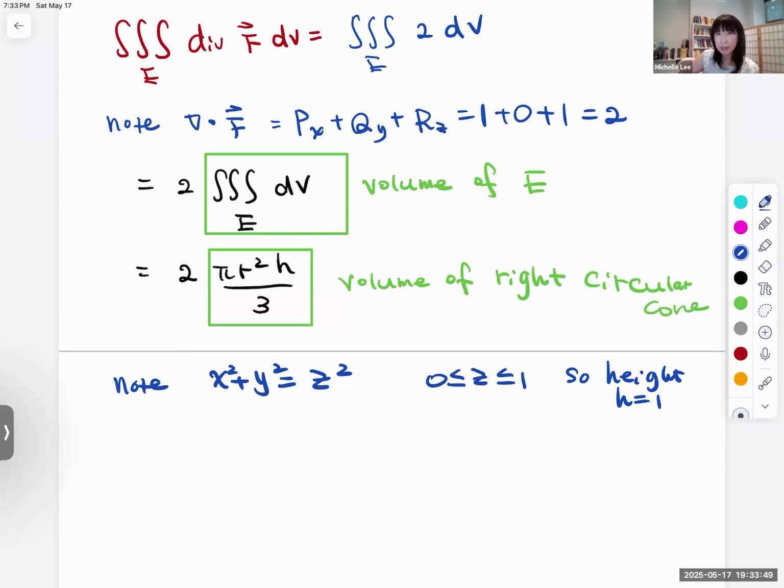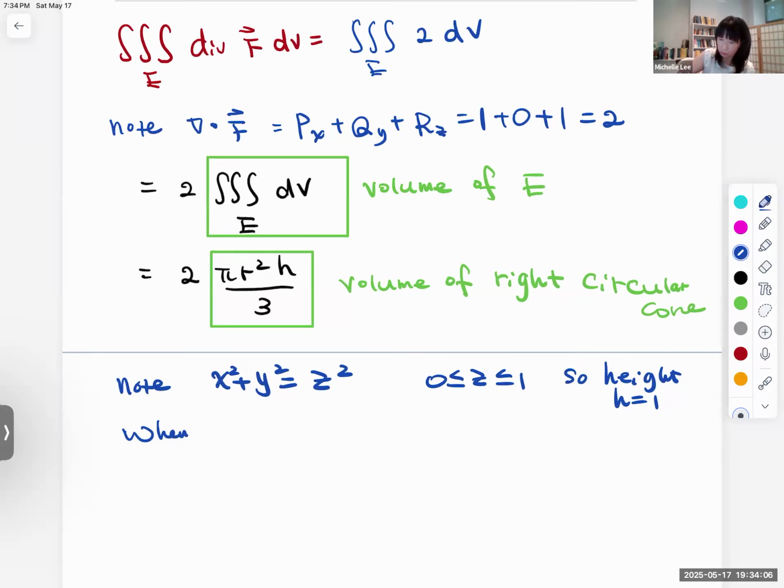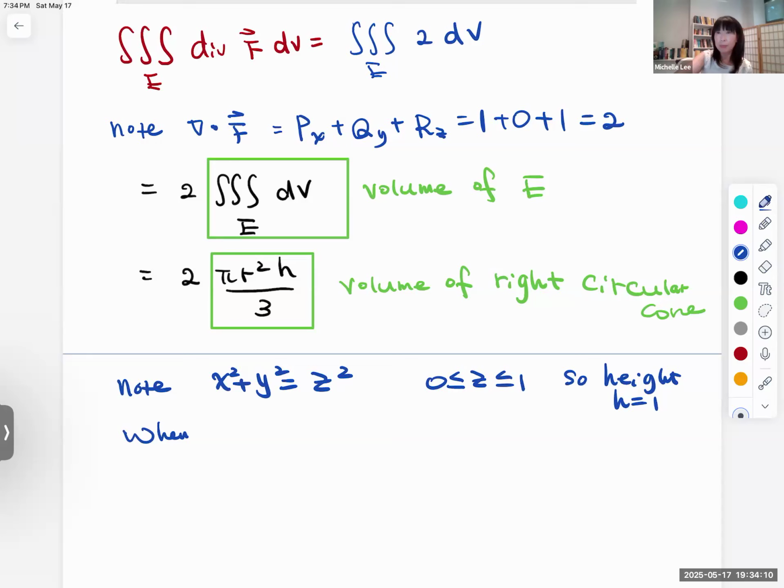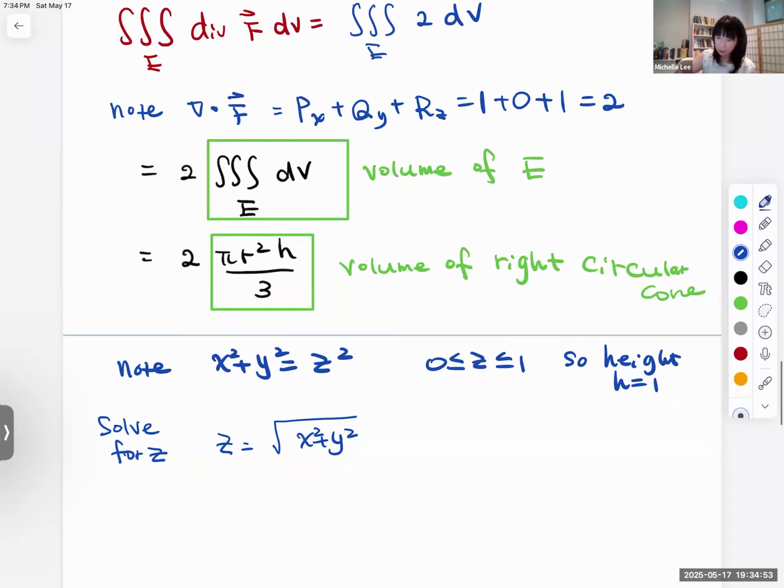Then what about the r? When z equal to 1, z is positive because we talk about the radius, so z equals square root of x squared plus y squared.